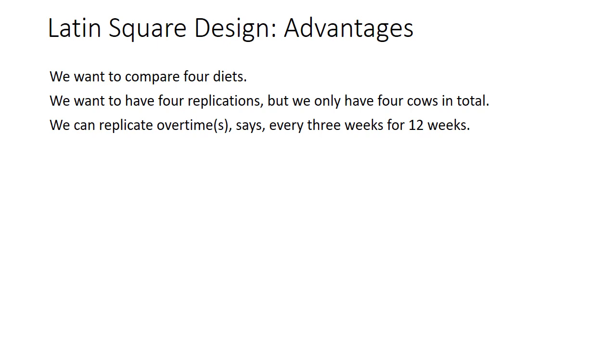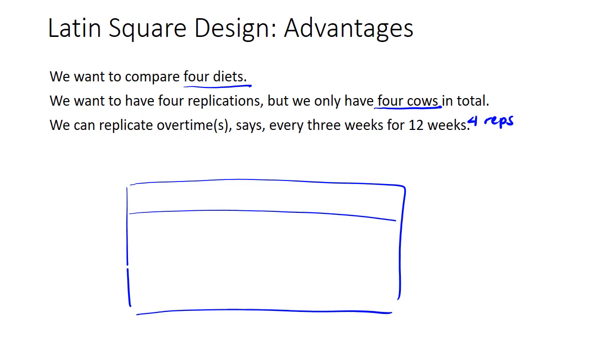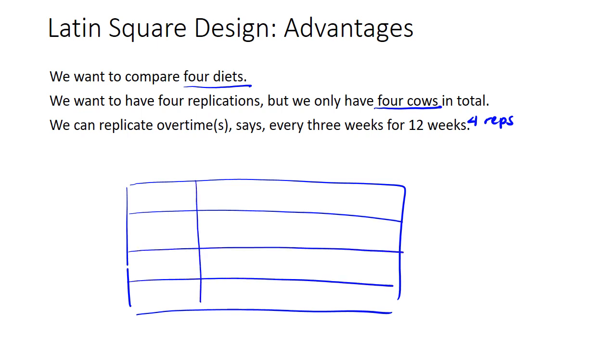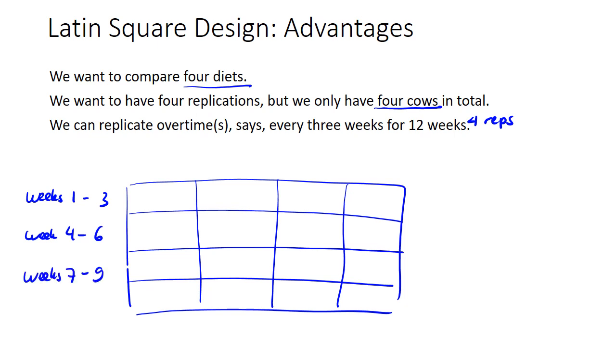we can use a Latin square design to assign the treatments. In this case, we assign weeks as rows, and cows as columns.